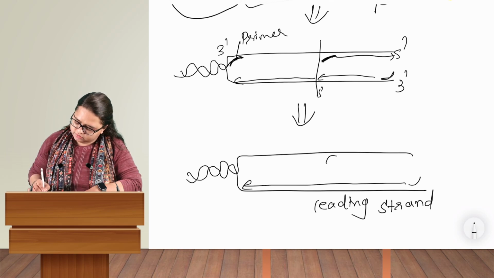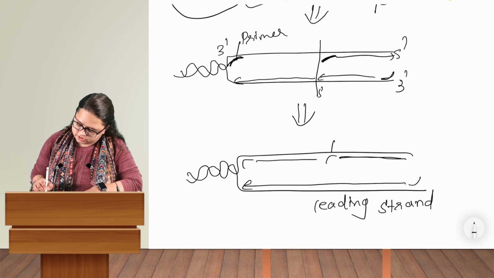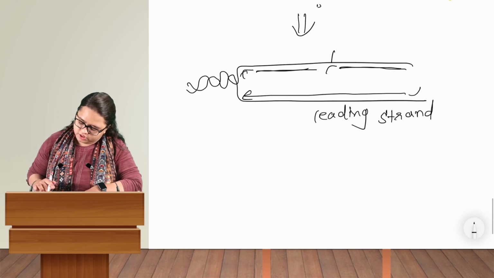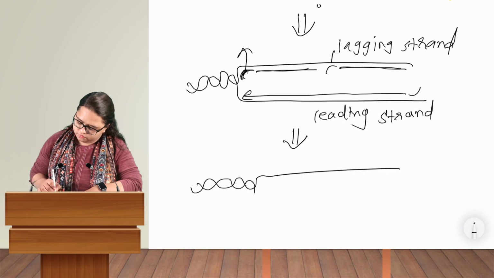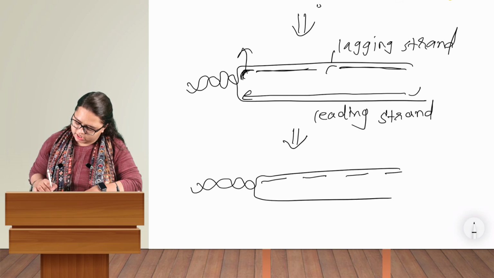And over here, small primer structures we are getting in between, so it is known as lagging strand. Now this primer will be removed further, and on the DNA we are getting small fragments of the DNA on the lagging strand and continuous DNA on the leading strand.